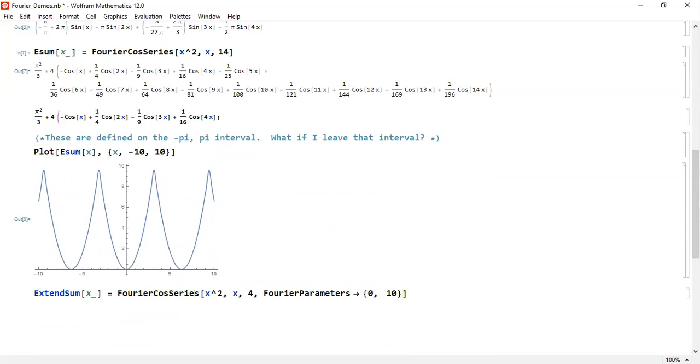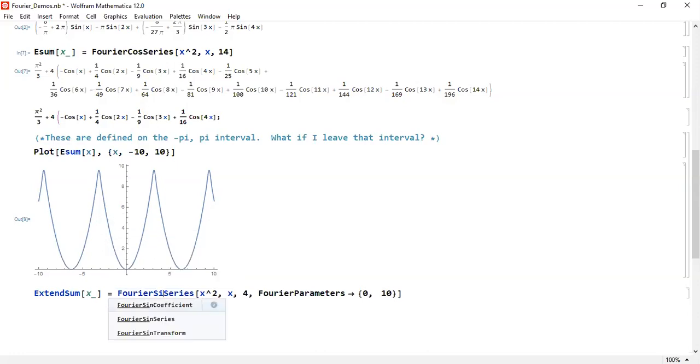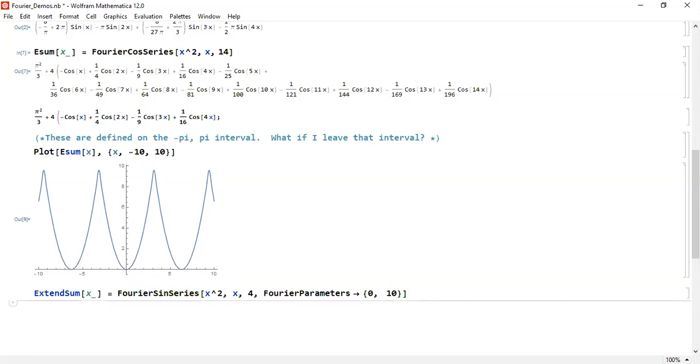If I want to do 0 to 10, should I use a cosine series? I'm not using an even interval, so I should not use an even function. This seems more like a job for the Fourier sine series. And we'll see if this works.